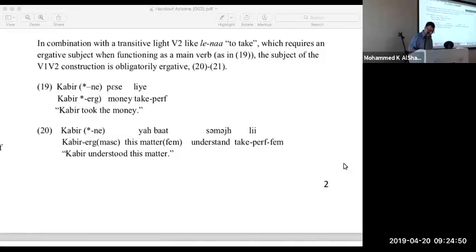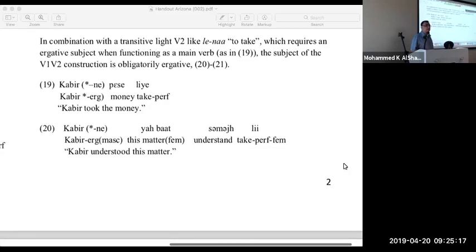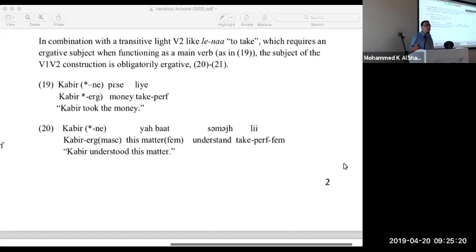That's the critical discovery here, that the optionality of ergativity with understand just completely disappears as soon as you add this verb, which is not negotiable with respect to ergative case assignment. So the conclusion is fairly straightforward: it's the light verb that is assigning, or doing whatever is needed to make sure that the subject is ergative, and the heavy verb is not involved in ergative case assignment at all.